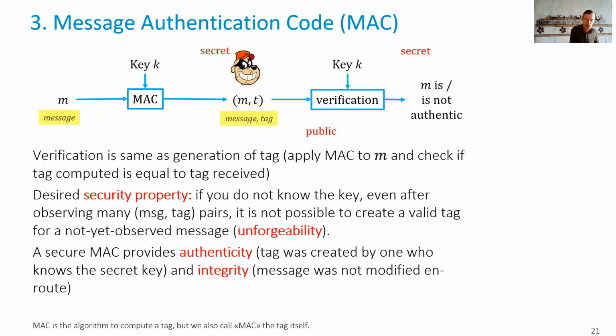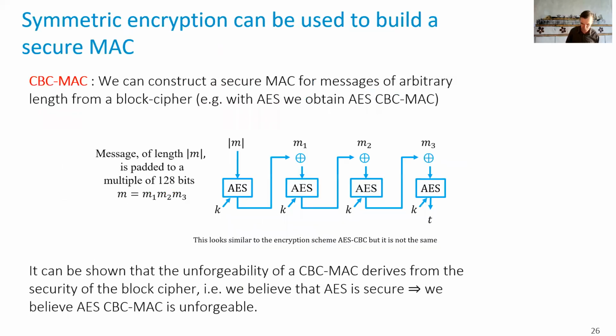For example, a message authentication code computes a tag that is added to the message and prevents an attacker from forging the message, that is, intercepting the message, modifying it, and sending it to the destination.